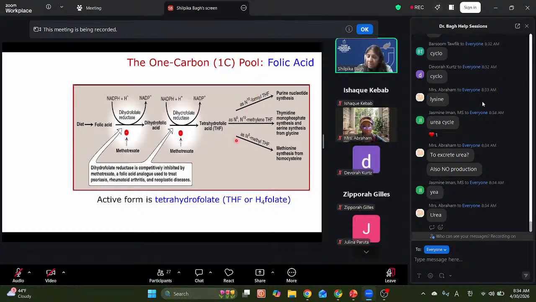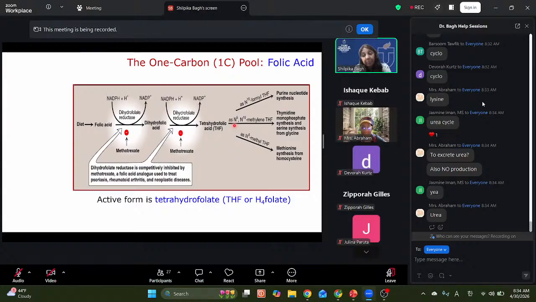Why is folate so important? For purine ring, pyrimidine, and methionine synthesis. Remember, folate deficiency, low folate in diet, causes megaloblastic anemia. I don't know how many times I've said that. I hope you did well on the test. B12 deficiency causes the folate trap, also megaloblastic anemia. Unfortunately, I don't blame you.